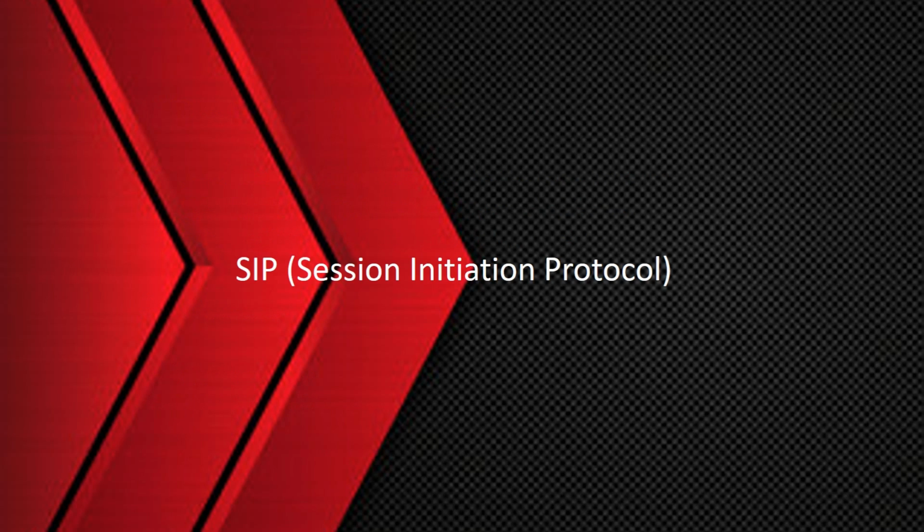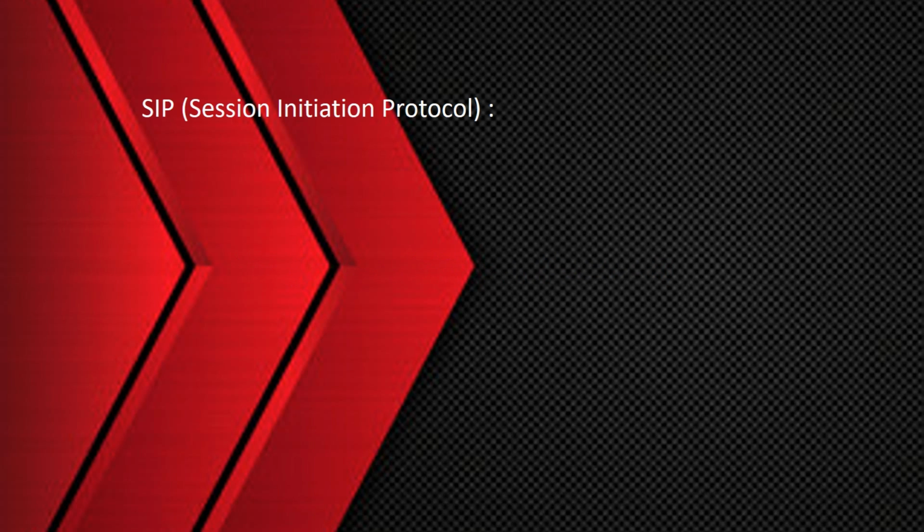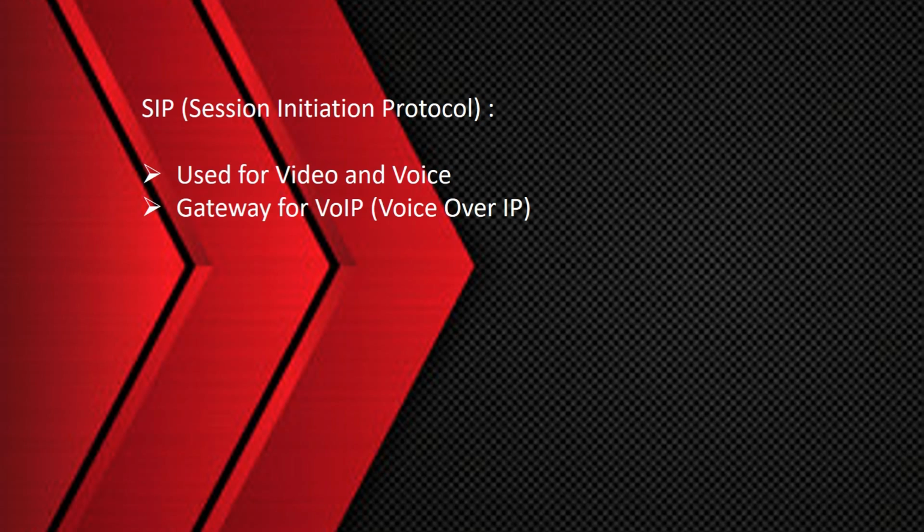Next one is SIP. Very important in the world of networking. Session Initiation Protocol. It's used for video and voice. Remember that. Video and voice. It is a gateway for VoIP, which is voice over IP. When we're talking about VoIP, we're talking about SIP, H323, MGCP. Those are VoIP gateways.